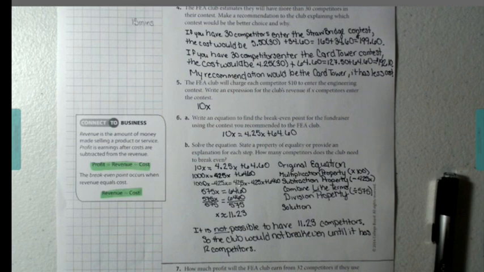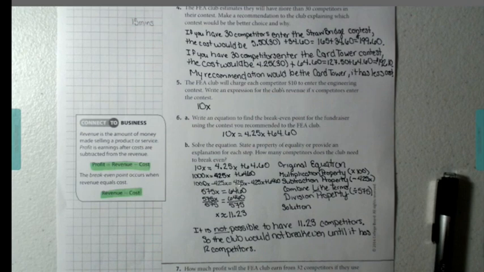So I plugged in 30 competitors for the straw bridge, and it was going to cost me $199.60. And whenever I plugged in 30 competitors for the cart tower, it was going to cost me $192.10. And I said, well, my recommendation would be the cart tower because it's less cost to the club.